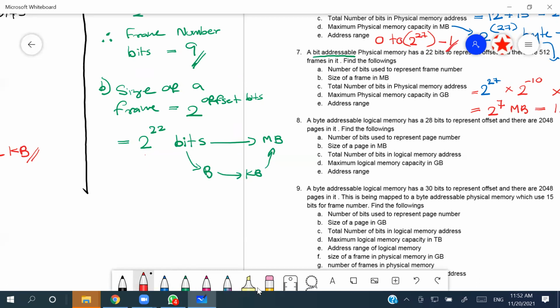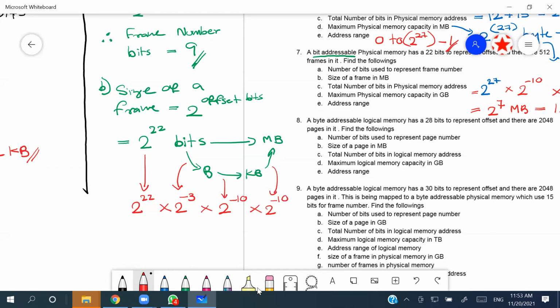So how is it going to be? 2 to the power 22 will be there. From bits to bytes, you need 2 to the power minus 3. From bytes to kilobytes, you need 2 to the power minus 10. From kilobytes to megabytes, another 2 to the power minus 10.